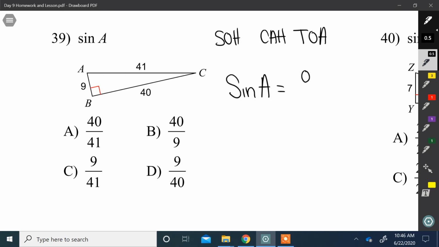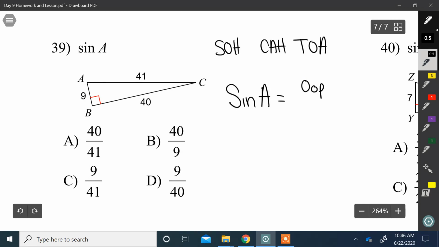Not sure why this thing is not showing. Okay, so sine will be opposite.